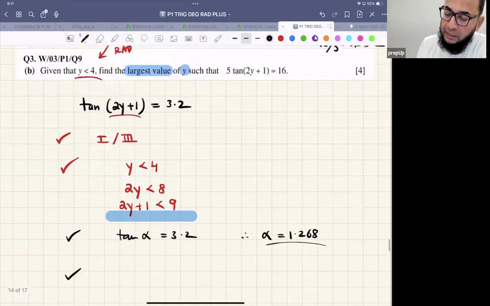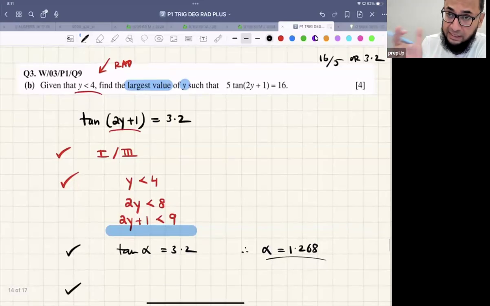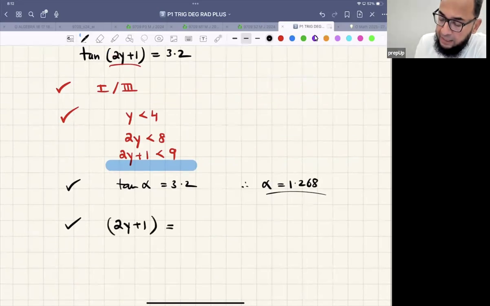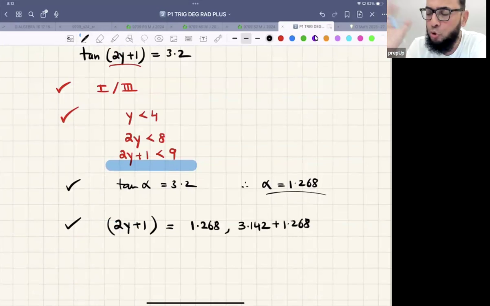Now we have to work this out. Now this is kind of a strange question. So now how will we work out? We will write 2y plus 1 is equals to, in the first quadrant, 1.268. In the third quadrant, this is 3.142 plus 1.268. And let me just add at random 2 more values.